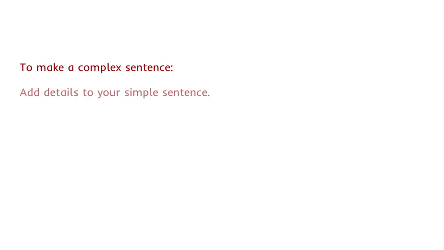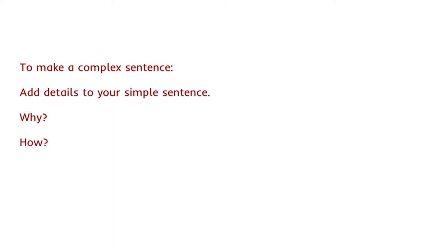To make a complex sentence, the simplest and most basic thing you can do is add details to your simple sentence. What kind of details? Whatever sentence you have, you can think of why it is so. You will get some answer and you can add this to your simple sentence, and that will help you make a complex sentence.